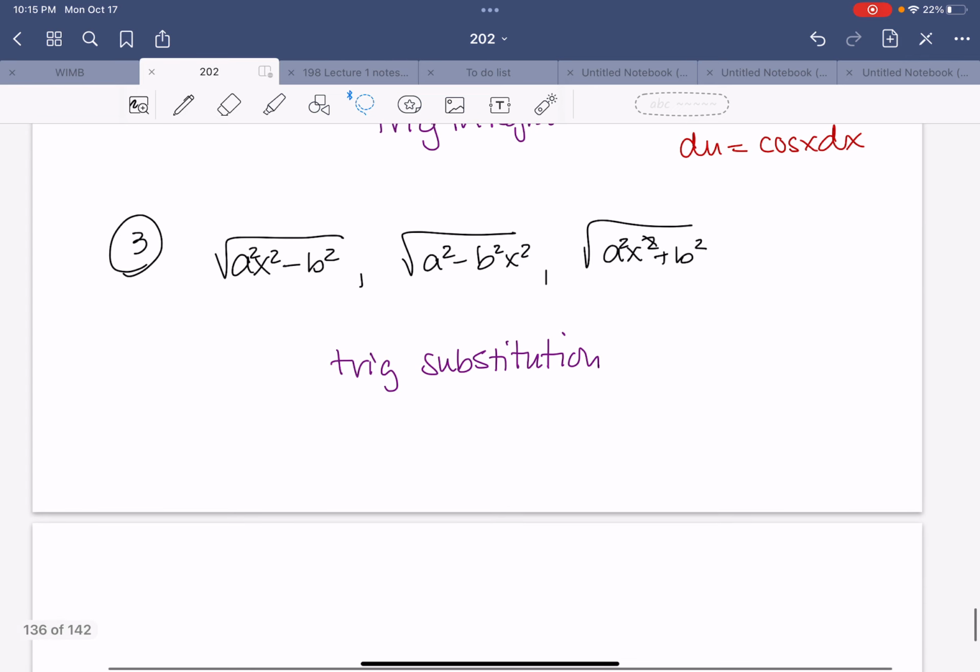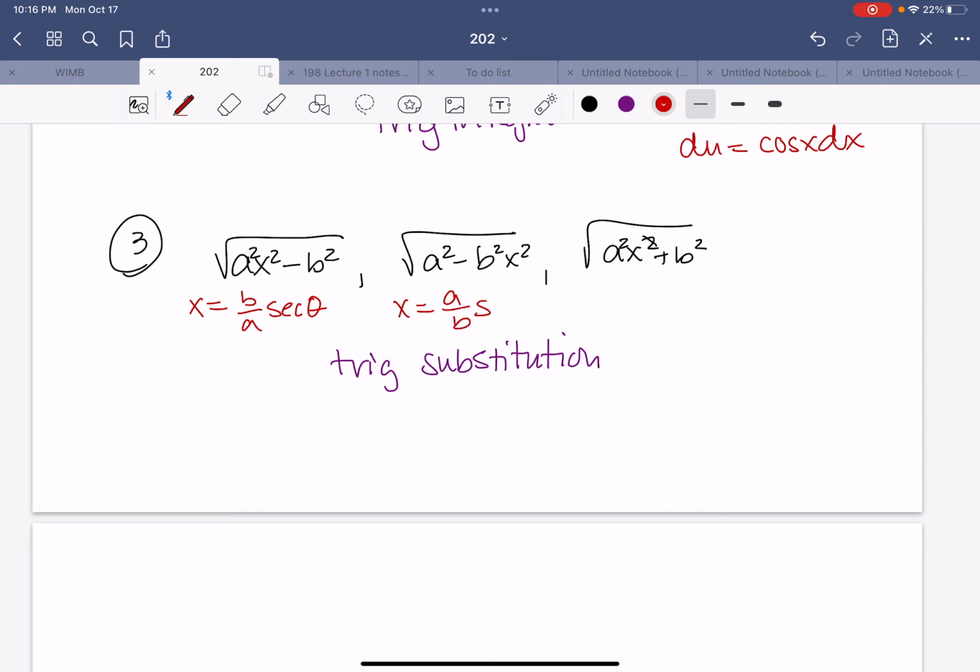And we know that we're going to be making a trig sub for either secant, sine, or tangent, depending on what's going on. To be specific, for this first one, we would let x be equal to b over a times the secant of theta. The middle one, x is going to be a over b sine theta. And this last one, we're going to have x equals b over a tangent theta. We talked about that in section 7.3.